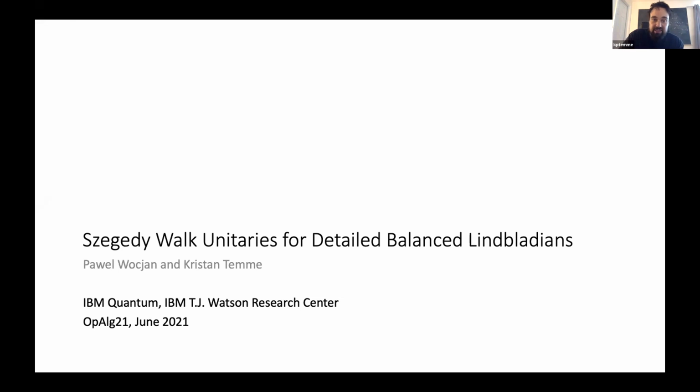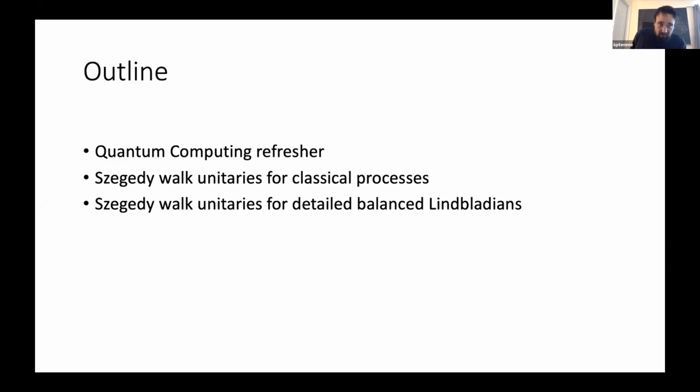And it's meant to, in the end, be a blueprint for quantum algorithms. Just for the outline, I shall give a really brief refresher of quantum computing, so what we want to do.